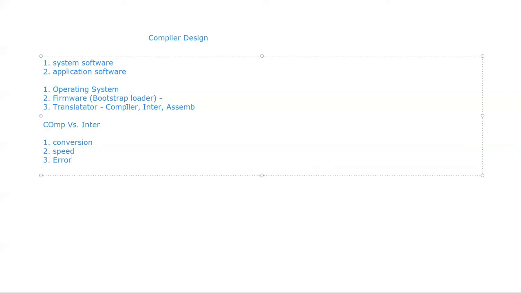Now, there is a fourth difference. Basically, your compiler creates the object code, and from that object code, it creates the exe file, the executable code. Now, whenever you want to give the input and see the output, you need not compile the program again and again if it is error free. Once it has been compiled successfully and run successfully, it has created the executable file.